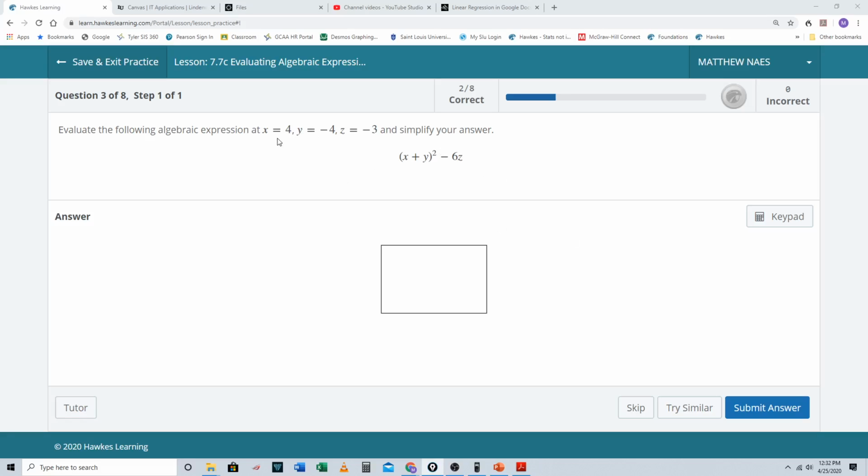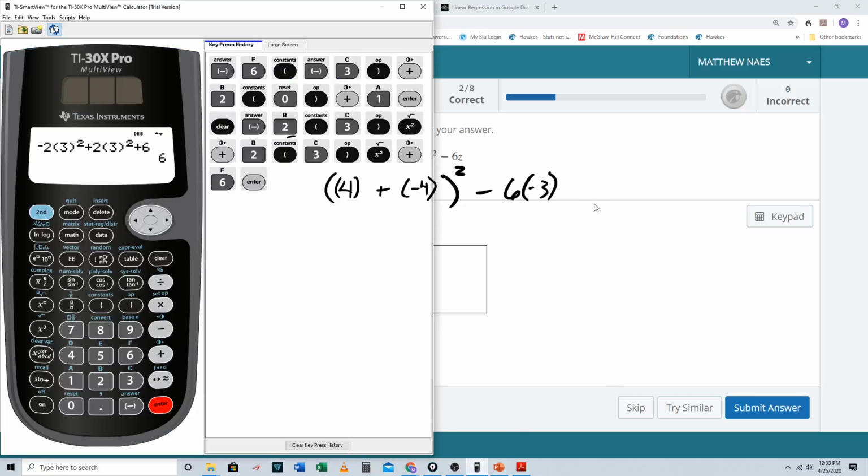Okay? So in here, I'm plugging in x, y, and z. So I'm going to have the big parentheses with the squared, but x is 4. So I have 4 in parentheses here, plus y is -4, parentheses, -4, and then minus 6, parentheses, -3. Now, you can plug this whole thing in the calculator, feel free. I'll go ahead and plug it in, just so you can do it on the calculator exactly as written here.